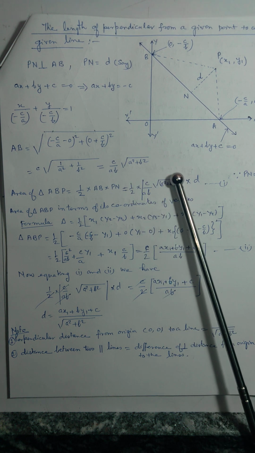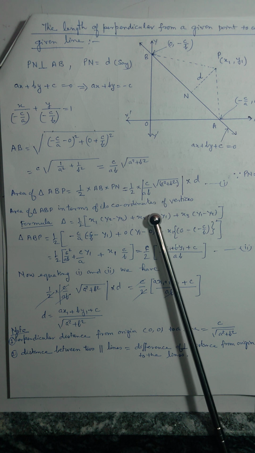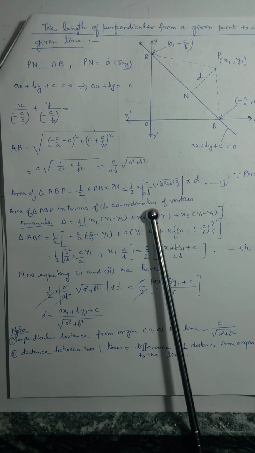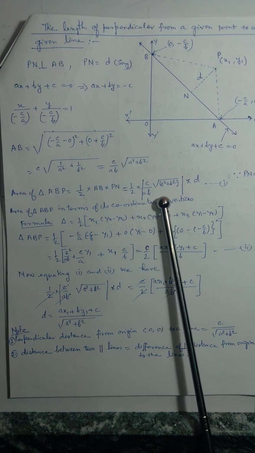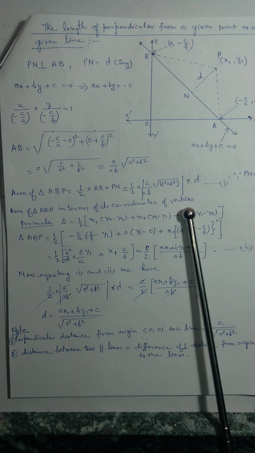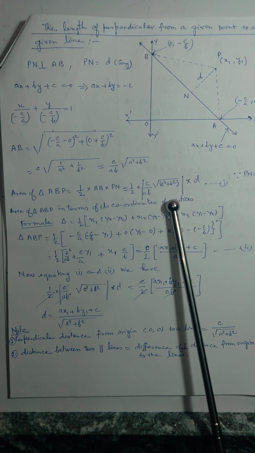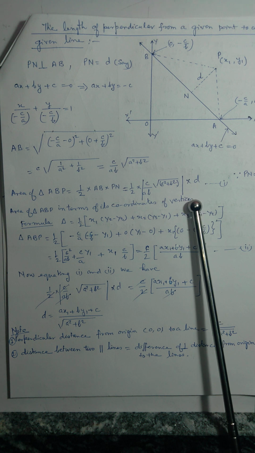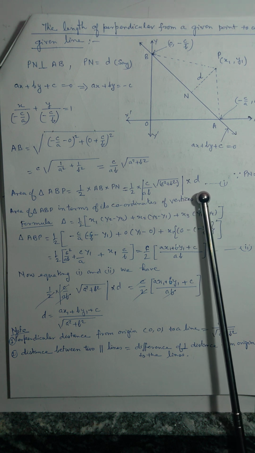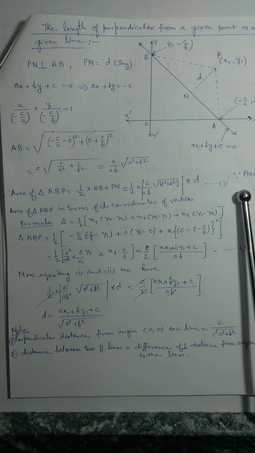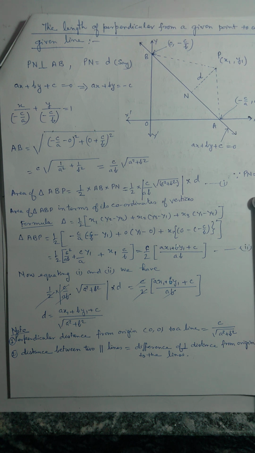I have taken the mod of it, meaning we only take the positive sign. So mod of c upon ab, root of a square plus b square, into D. D means the distance, that is PN, the perpendicular distance.